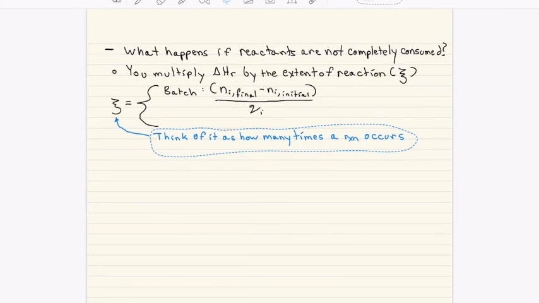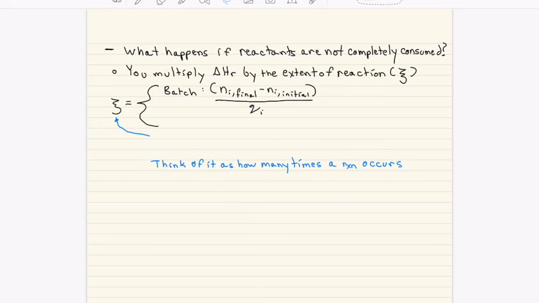Okay, I'm going to move this down a bit and continue to draw it here. All right, and so that's the definition for the extent of reaction if you have a batch system.